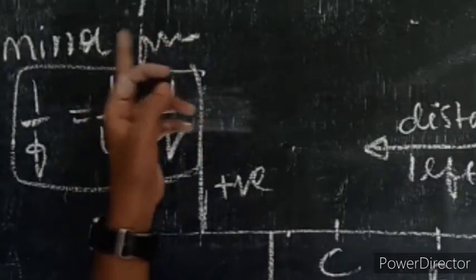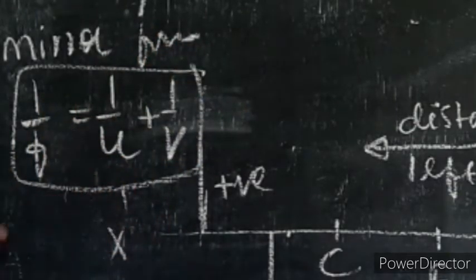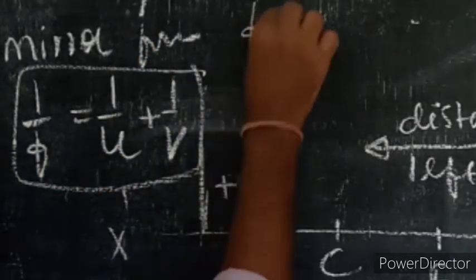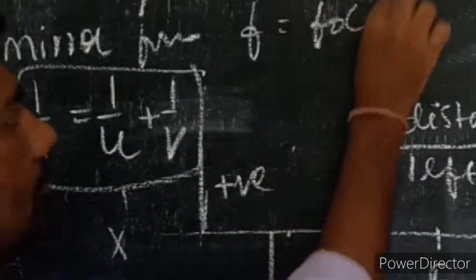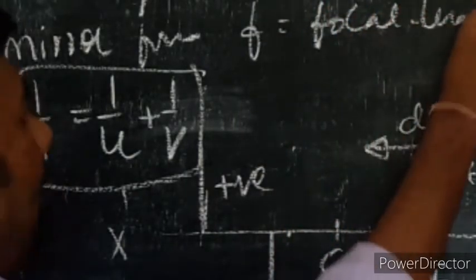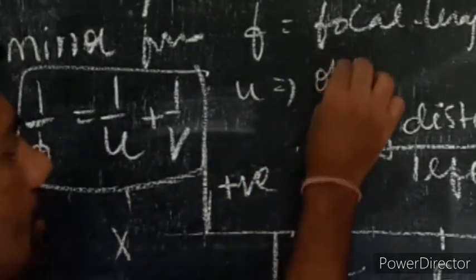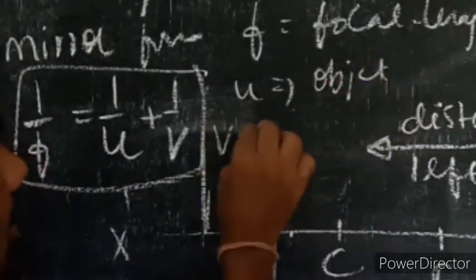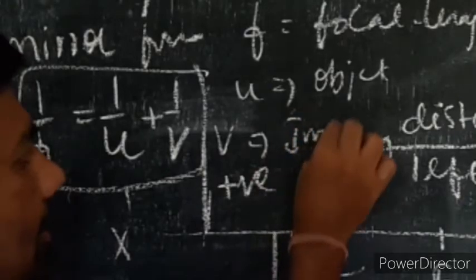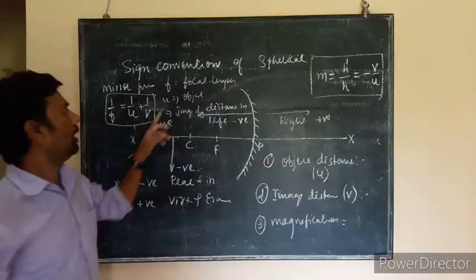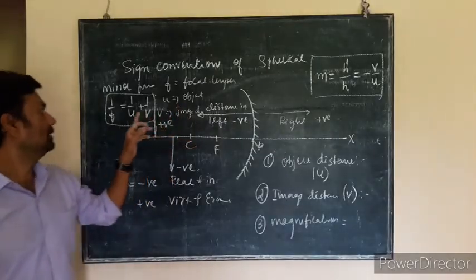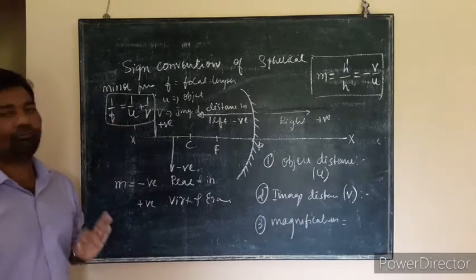Here f is the focal length, u is the object distance, and v is the image distance.